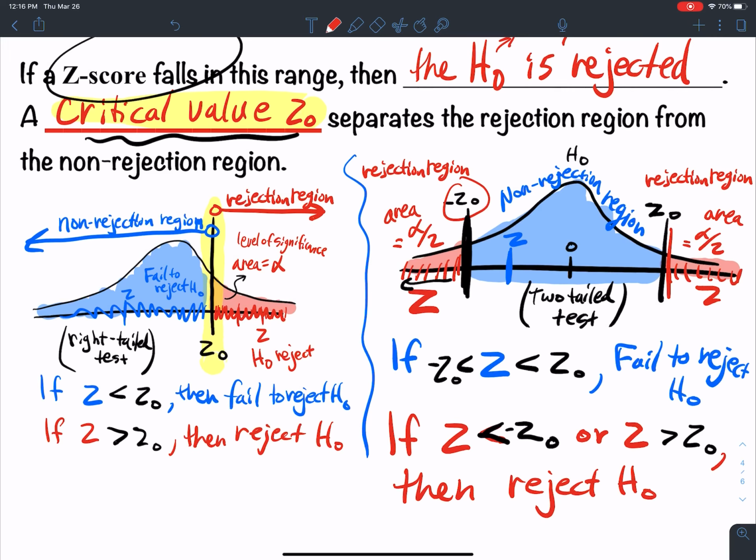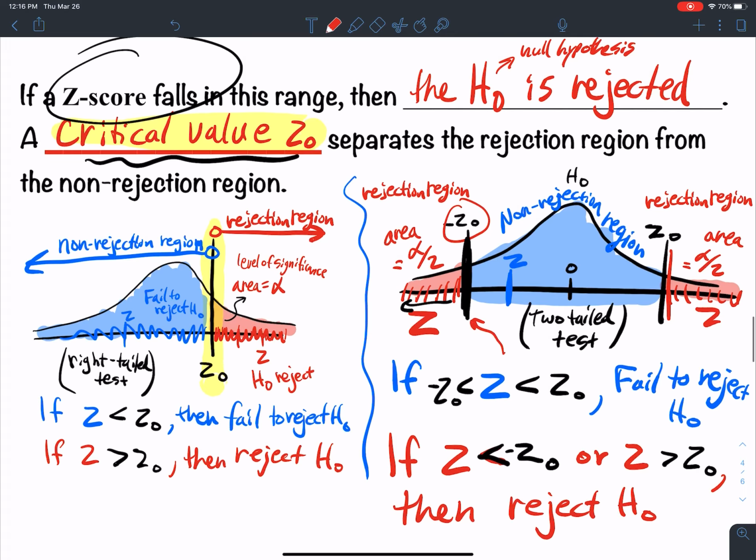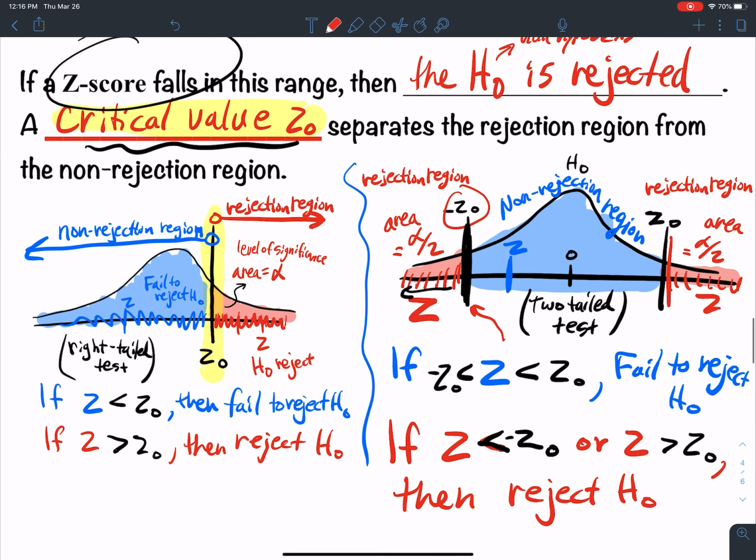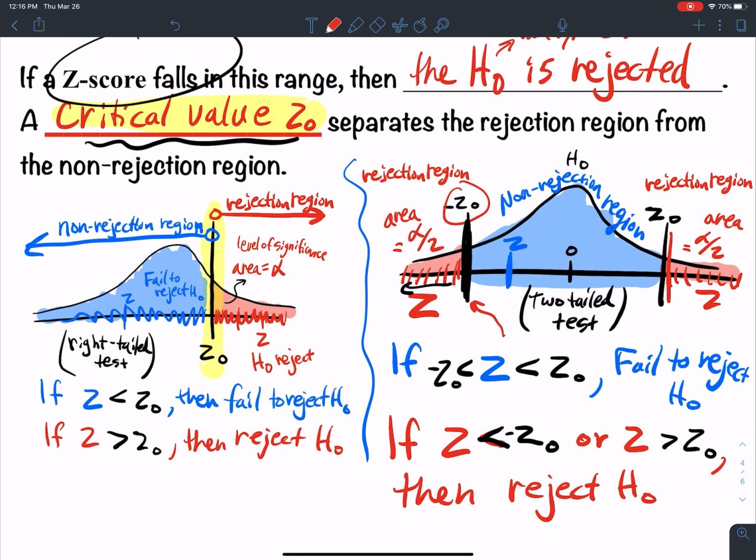So as soon as they ask me, they're like, well, what happens if I get exactly the critical value? Well, guess what? That's not going to happen in any of our problems, okay? And truly, that would be a judgment call if it happened in real life. It depends on what you set your alpha to be.